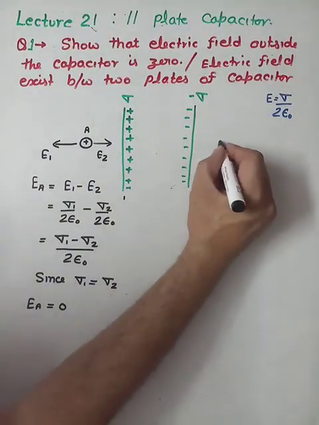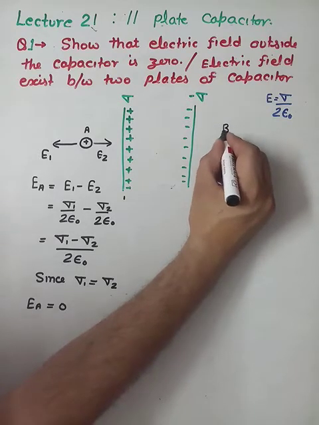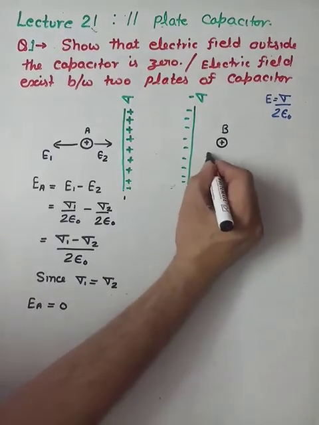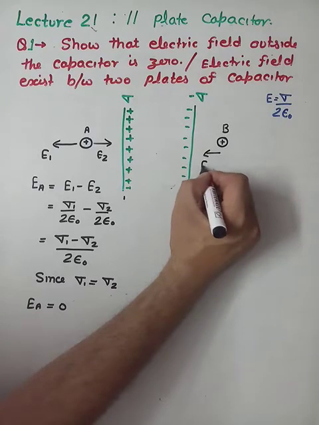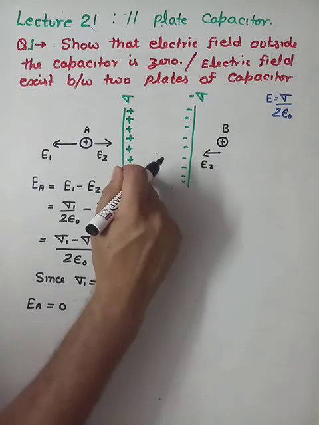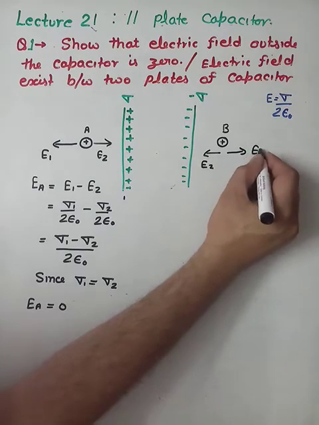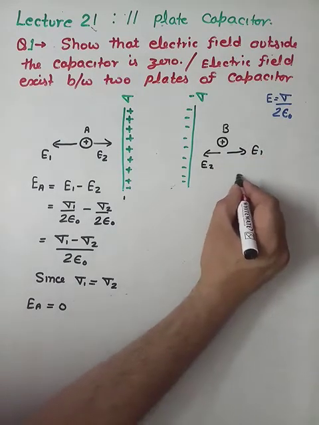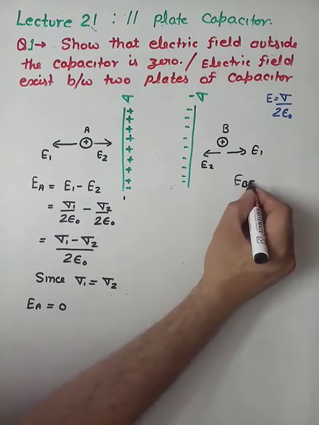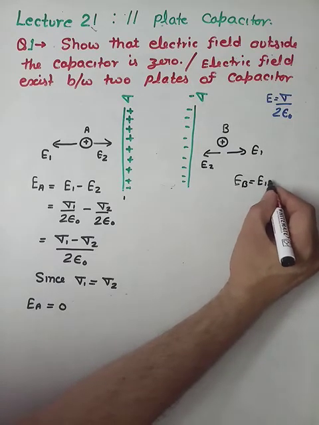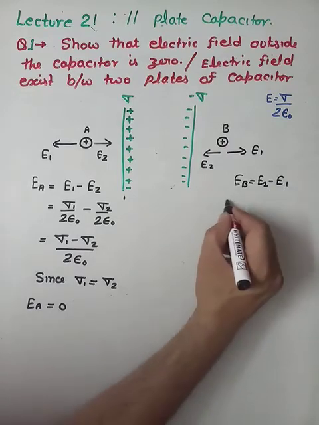Similarly, if we consider any point B on this side, this second plate will attract this positive charge, it is E2, and this is positive and positive will repel, it is E1. Now net field at B is, again we can write E1 minus E2 or E2 minus E1, it doesn't matter.